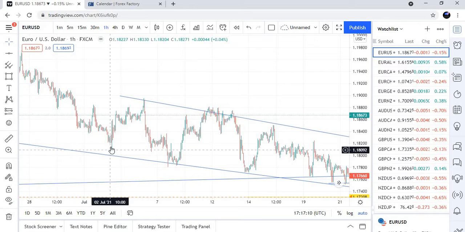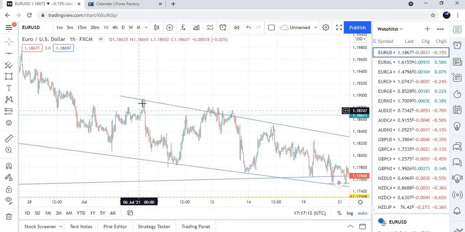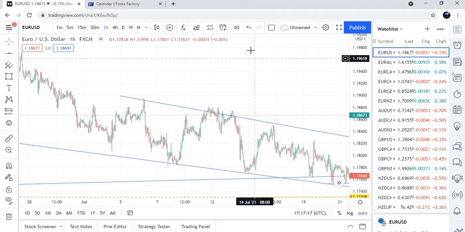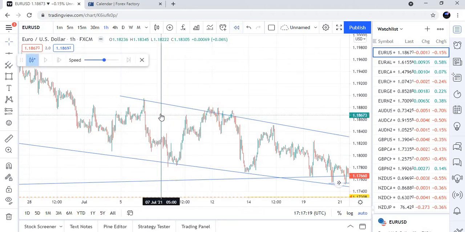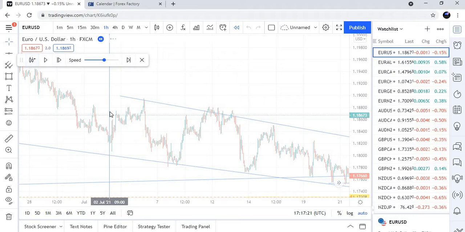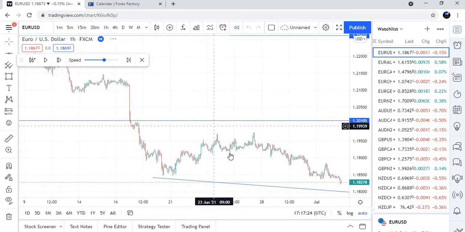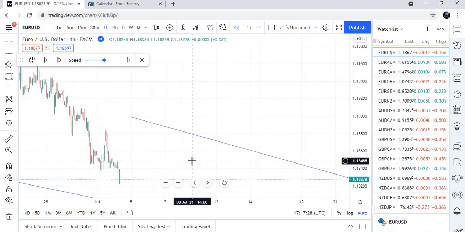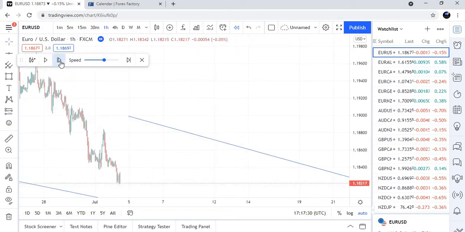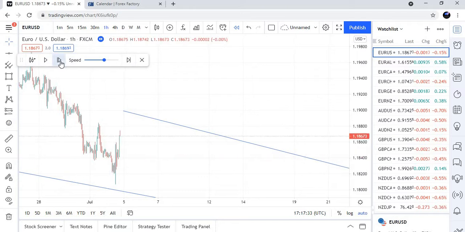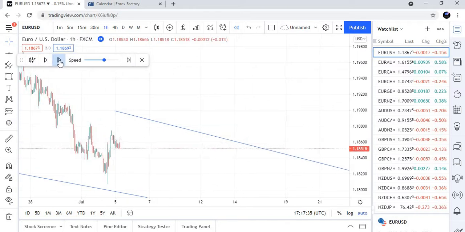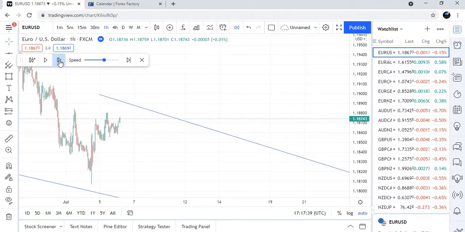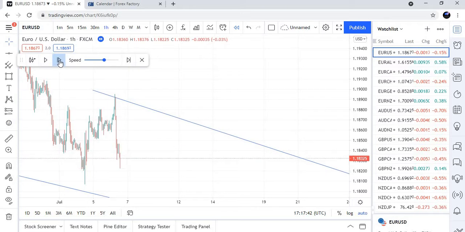As you can see right here, it bounced here, touched here, bounced here again. Once you notice something like this, let's replay this starting from here. Before this started happening, it touched this lower trend line, bounced and touched the upper trend line and went down.